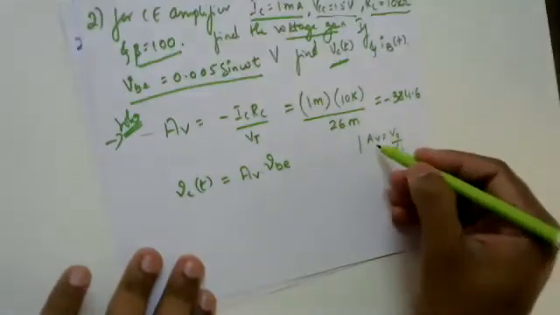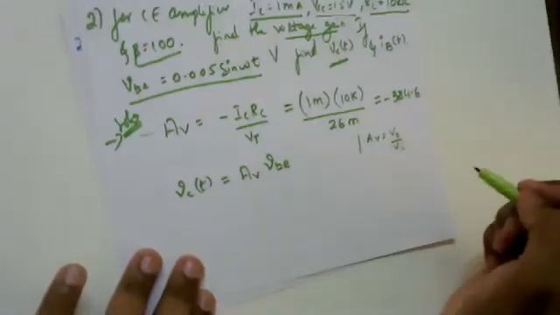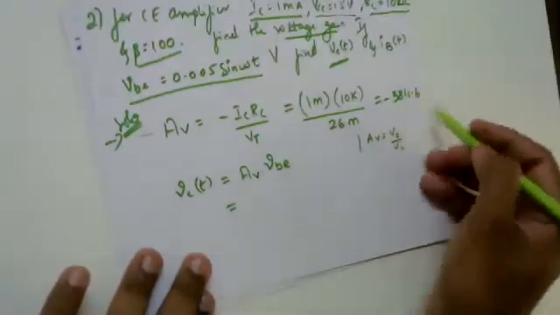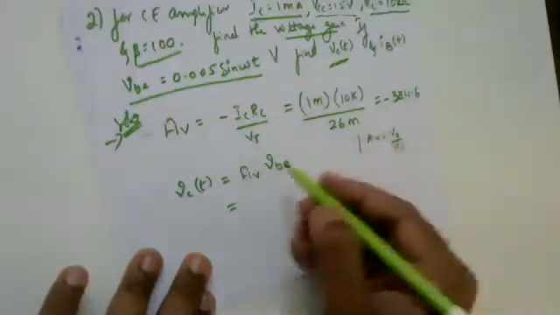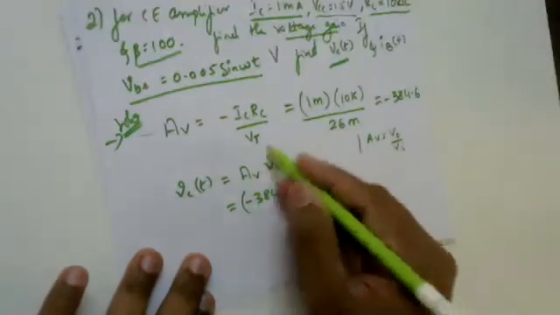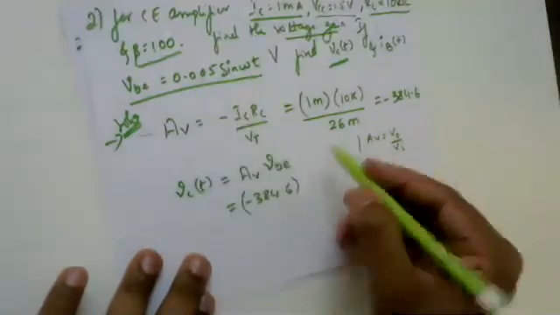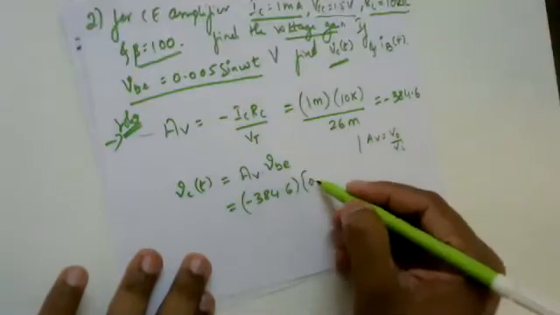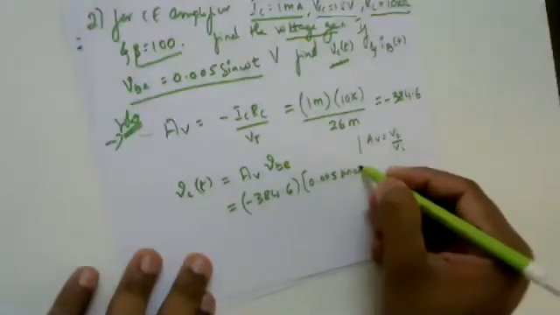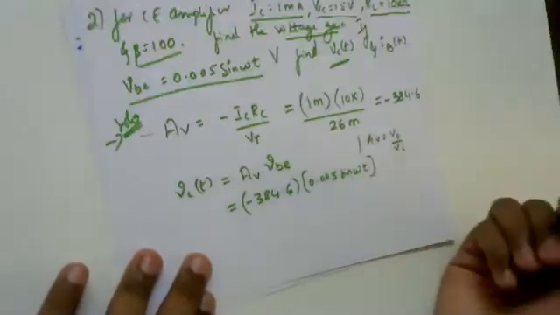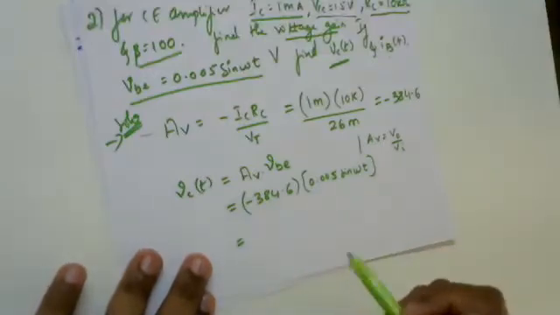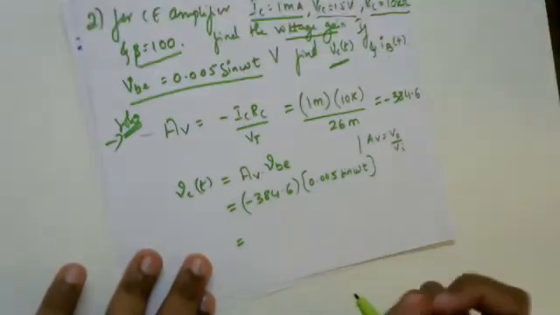So what is V out? AV times VI, right? I know what my AV is: minus 384.6 into VBE. He has given us 0.005 sine omega t. If I take this inside, what is the value of my VC?